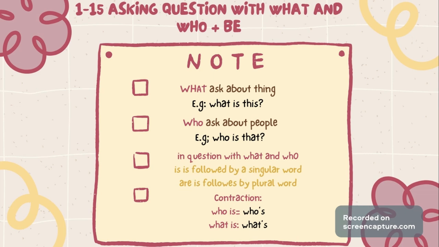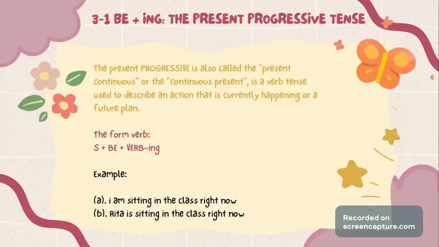In questions with what and who followed by a singular or plural word, there is the contraction. So as you can see, who is becomes who's and what is becomes what's. Okay, I hope you understand.